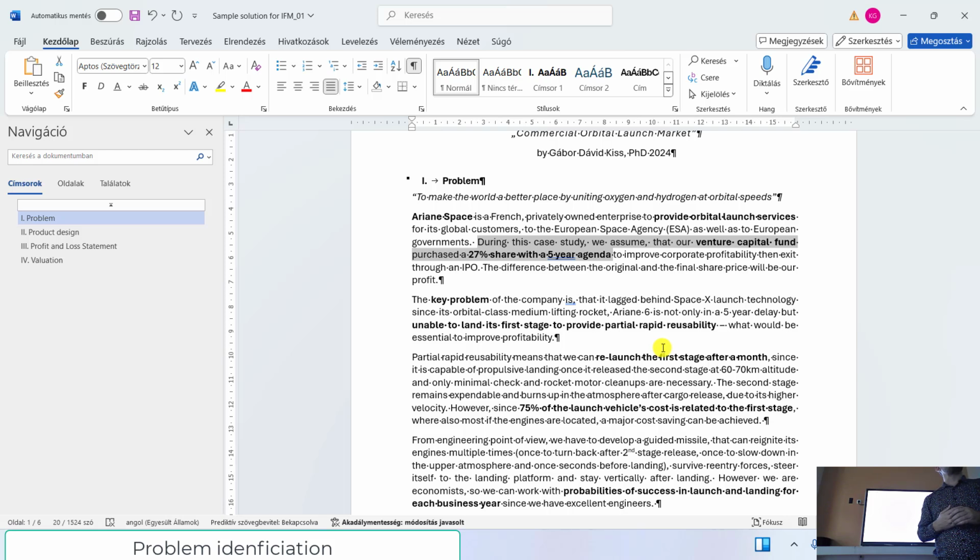For example, here, we have 10 engines. So what happens if you use 5 on the first stage and 5 on the second stage? It will not work because it will be way too weak to lift off anything from the ground.